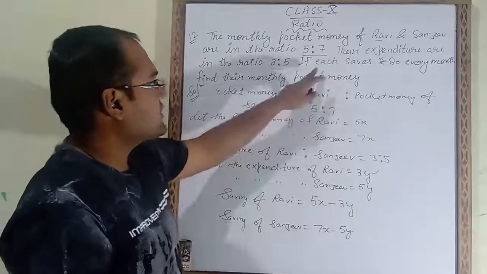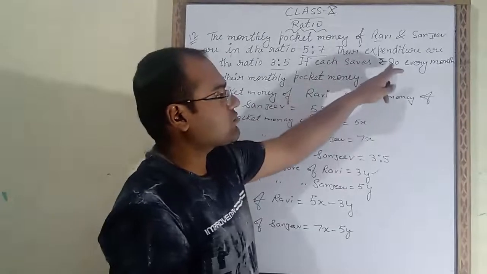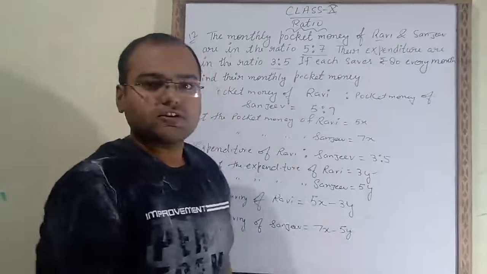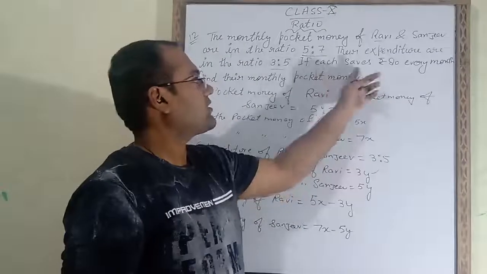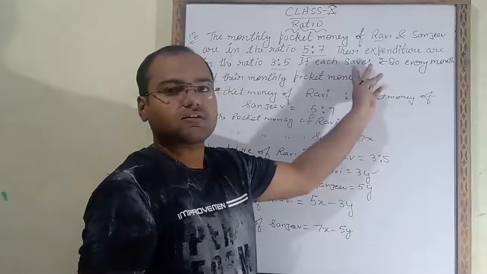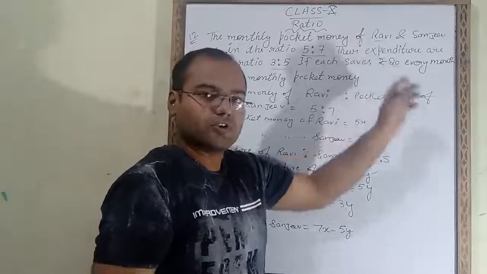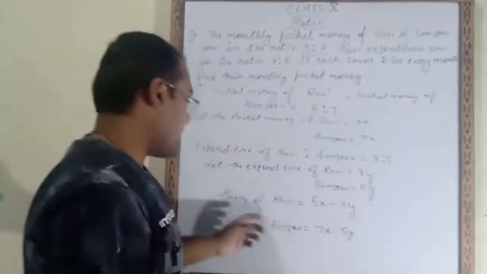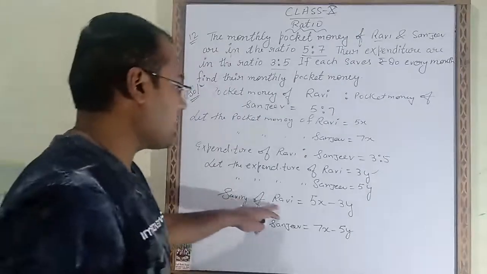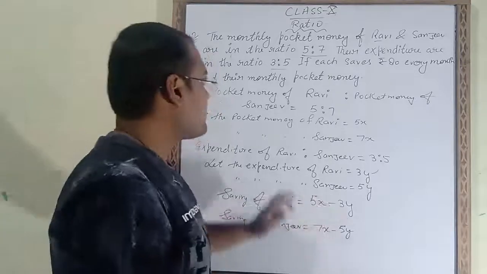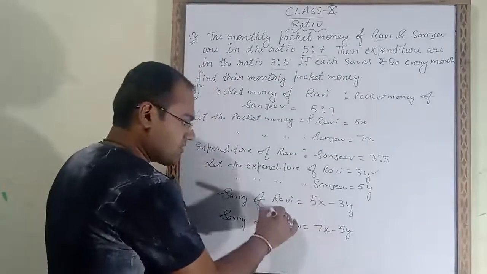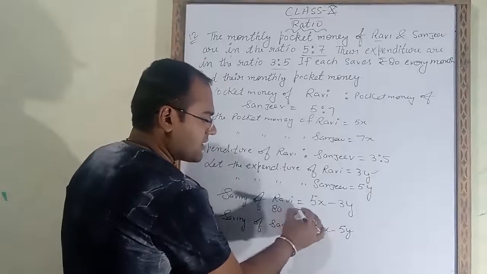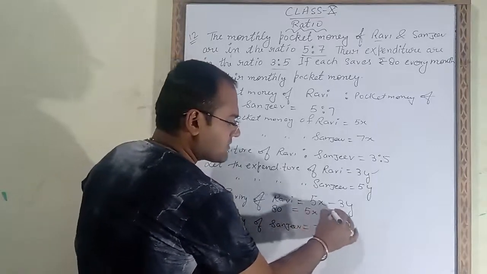But in the question he said each person saves rupees 80 every month. So both the persons are saving how much rupees? 80. But according to us saving of Ravi is 5x minus 3y, and according to the question saving of Ravi is 80. So we will put 80 is equal to 5x minus 3y.